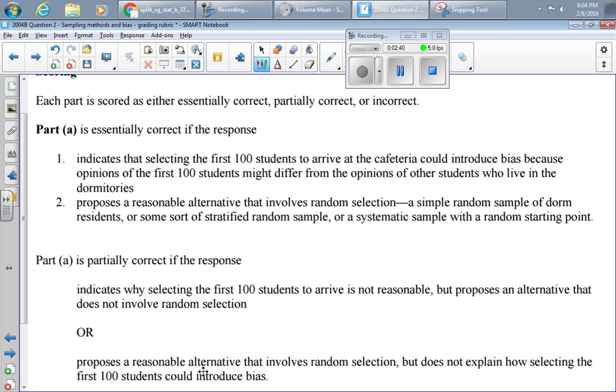So they need to address why these 100 students might have bias, because they could have opinions that are different than the rest of the students in the dorm. So they get an E or a P, and if you don't feel like they did either one of those, they get an I. This is a complete rubric, enough for you to make an educated decision on what you think they should get. Make that decision.